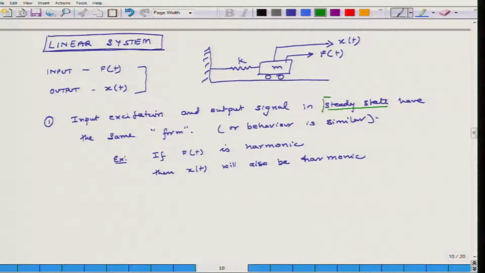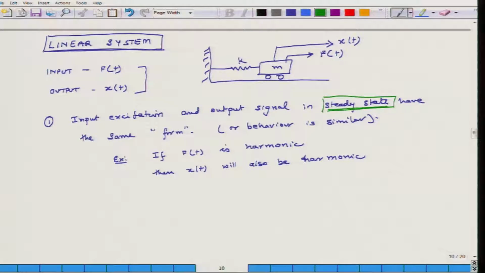This will be the situation when the system is in steady state. What does steady state mean? If I have this spring mass system, when I initially pull it, the system will shake from its initial position, it will have some transient vibrations, but those transient vibrations are going to die, and once the system goes into steady state, it moves back and forth uniformly.